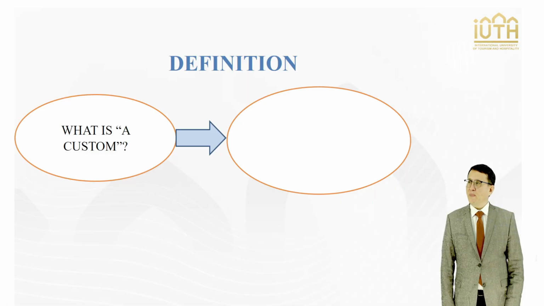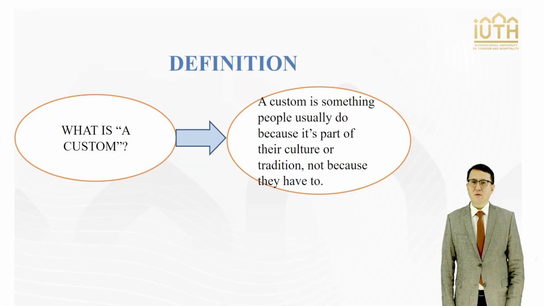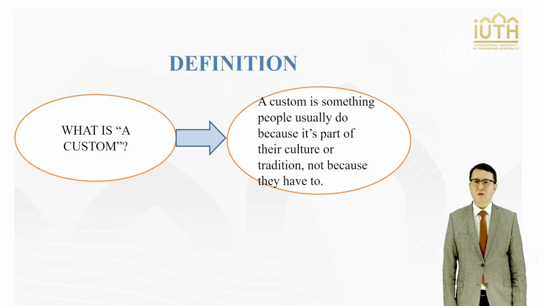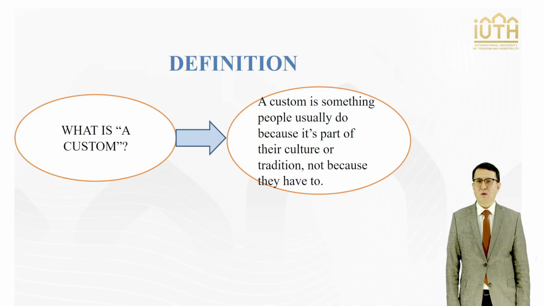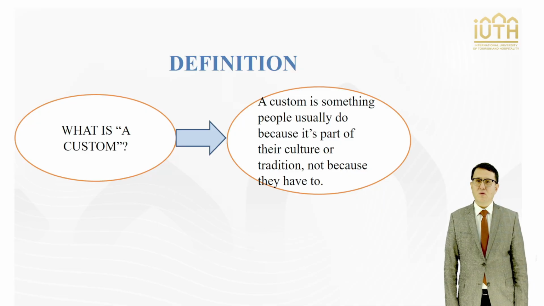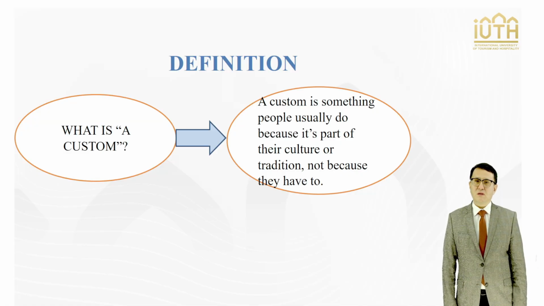And a custom is something people usually do because it's part of their culture or tradition, not because they have to. So a custom is a way of doing things that people in a group or society usually follow because it's a shared tradition or cultural practice, not because it's required by law.